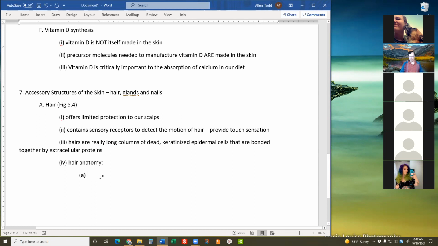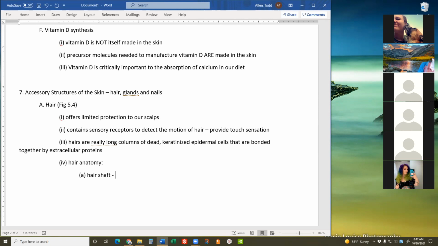When we talk about hair anatomy, the very first thing is going to be the part of the hair that we most associate with hair, and that's the part of the hair that's actually above the surface of our skin. This is known as the hair shaft. You can probably see that best in picture B, in figure 5.4.